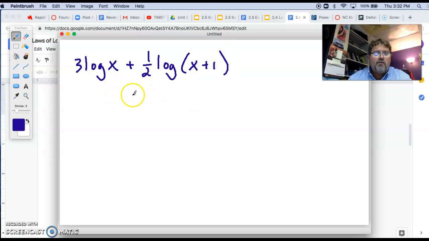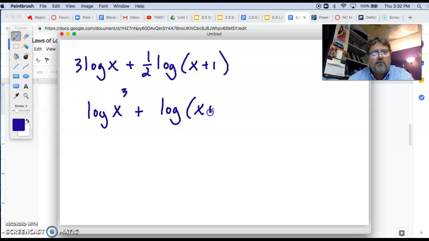All right, so we're going to use law 3 to move this 3 as an exponent, because if it can be written this way, we can also write it as log of x cubed. Plus, if there's a number out front, it can become an exponent by law 3. So we'll call this (x plus 1) to the 1/2. Now, a lot of times when you see the 1/2 power, they're going to call that a square root, so it can also be written as the square root.